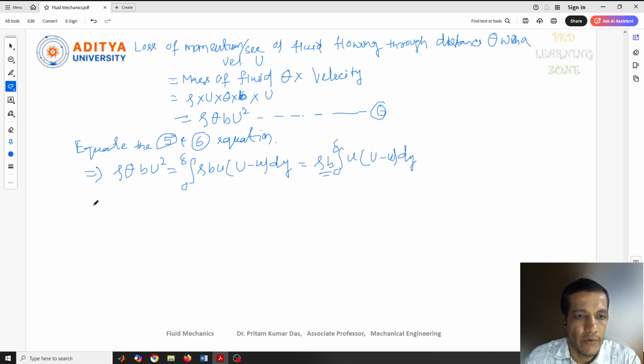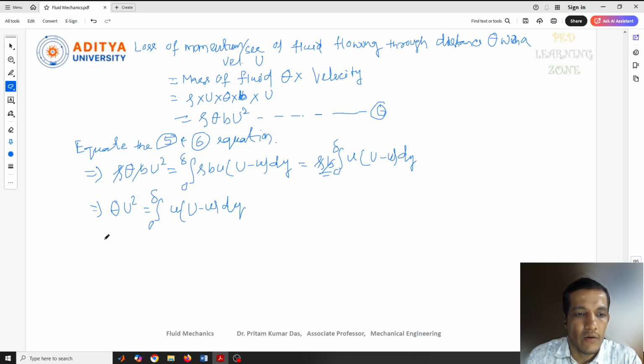Now we cancel the rho and B terms on both sides, and we keep theta into U square equal to integration 0 to delta, small u into capital U minus small u dy.